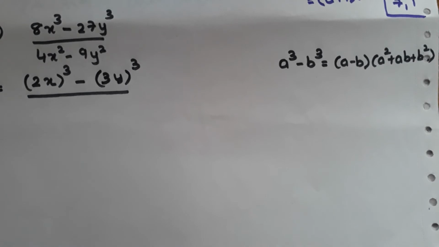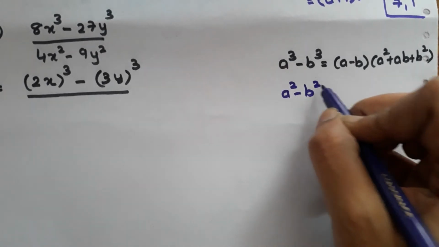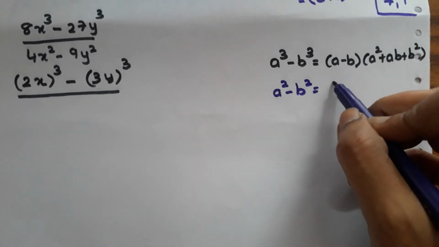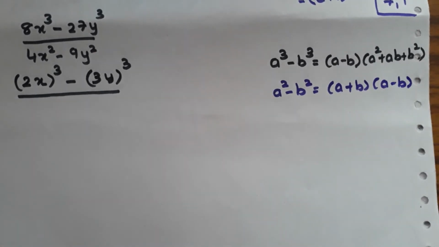The denominator is 4x square minus 9y square. Now here also there is no middle term and the power of both the variables is 2. So in this case you will use the expansion formula a square minus b square, which is a plus b into a minus b.